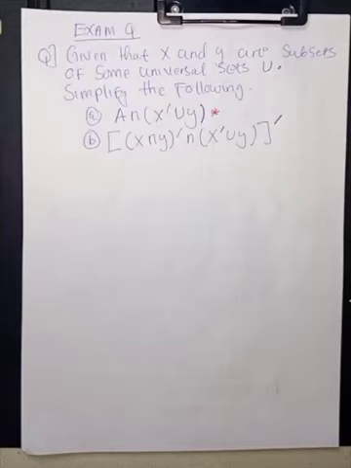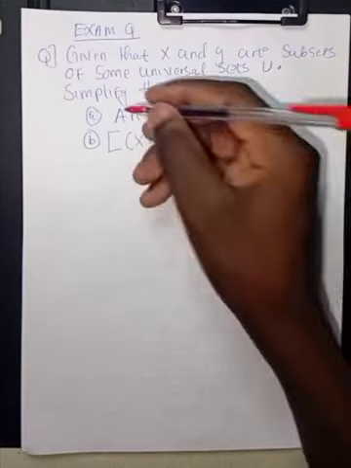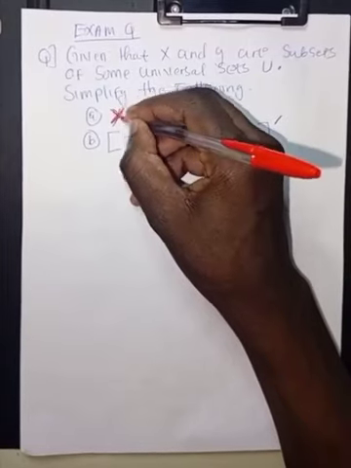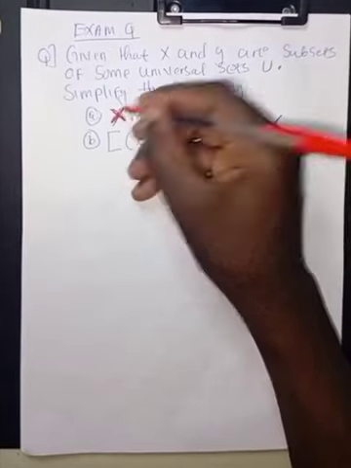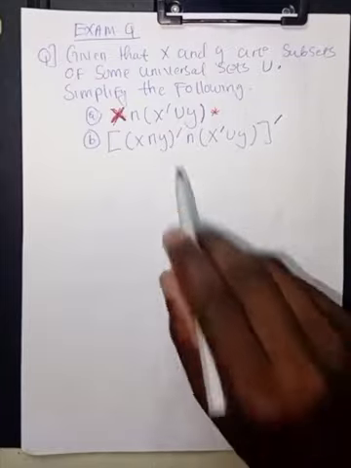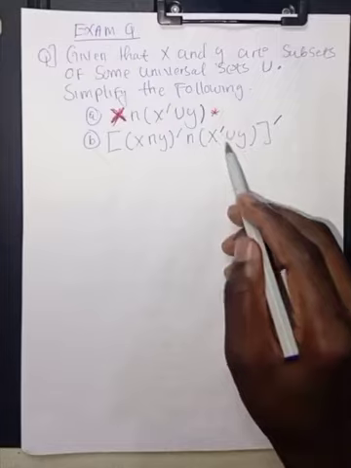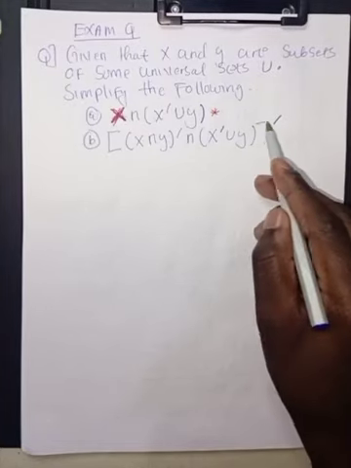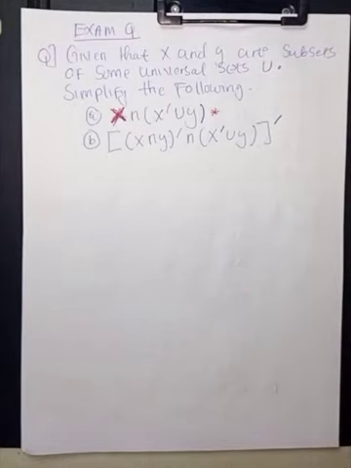So for correction, this is X, not A. So X intersection, open bracket, X complement union Y. Then B, open square bracket, another smooth bracket, and then X intersection Y, close bracket, complement, intersection, then open bracket, X complement union Y, and then complement, close the brackets, then complement.